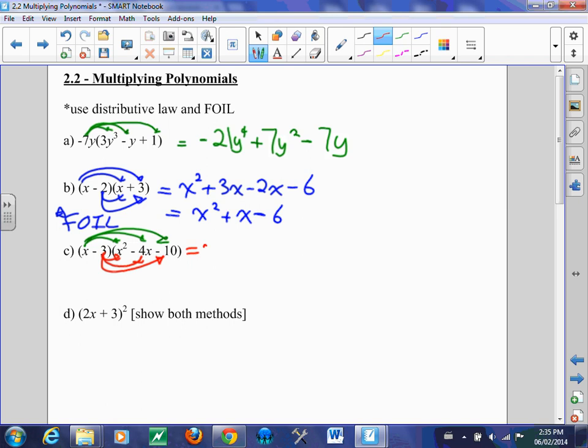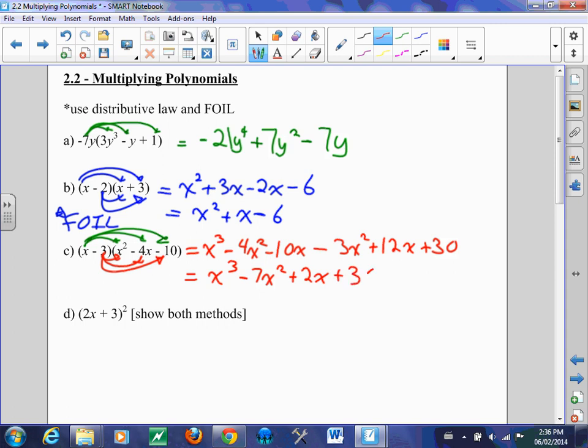So, can't really say first, outside, inside, last, but the first term, first and first, is going to be x cubed minus 4x squared minus 10x minus 3x squared plus 12x and plus 30. Watch that sign there. Many people forget that. Okay, now we collect like terms. So highest power first. So we're going to have x cubed minus 7x squared plus 2x plus 30.